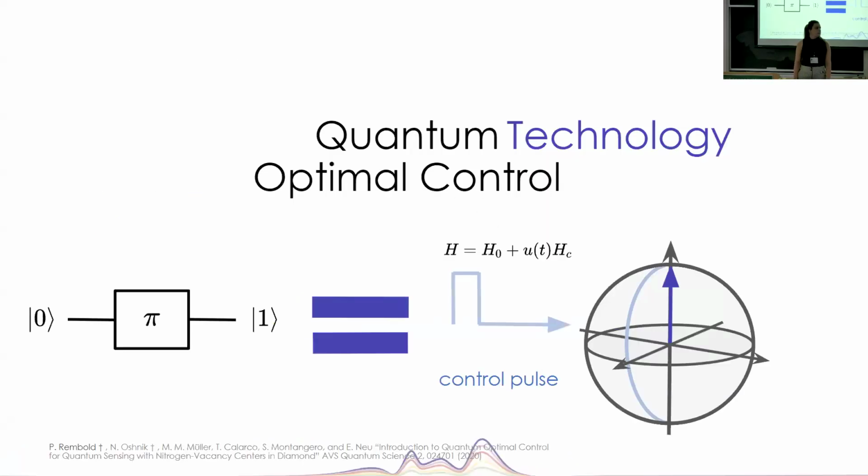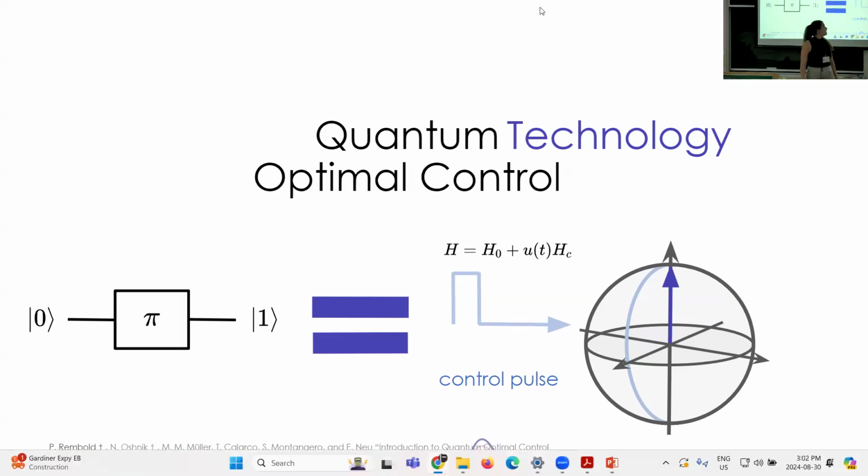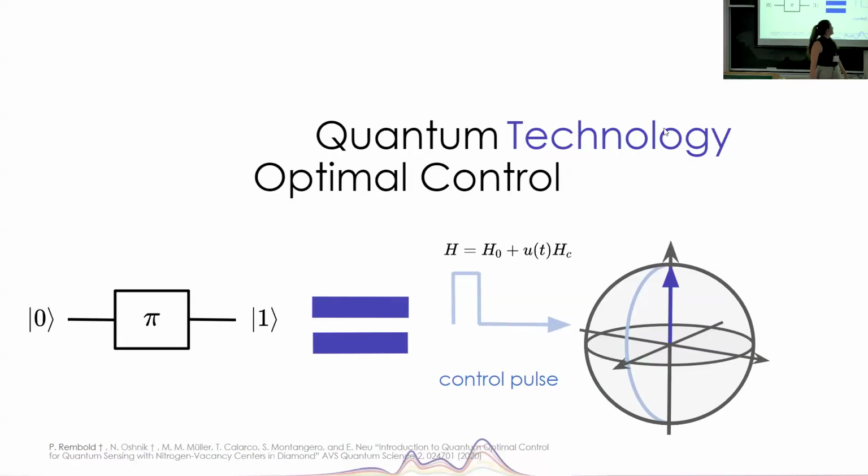Quantum optimal control basically tries to solve the problem whenever you go from a quantum operation to a real quantum system.